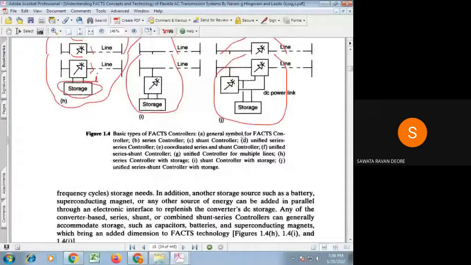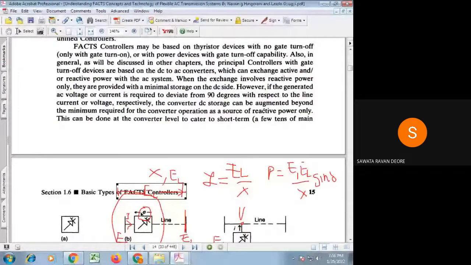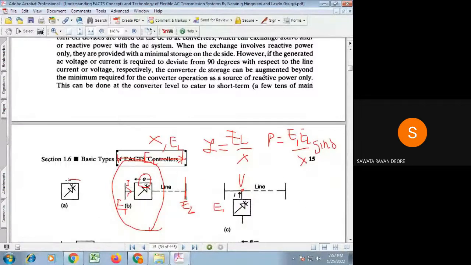Now, about the use of power semiconductor devices, here if you see, this power semiconductor device is an SCR, that is, silicon controlled rectifier. And it is a controlled power semiconductor device.